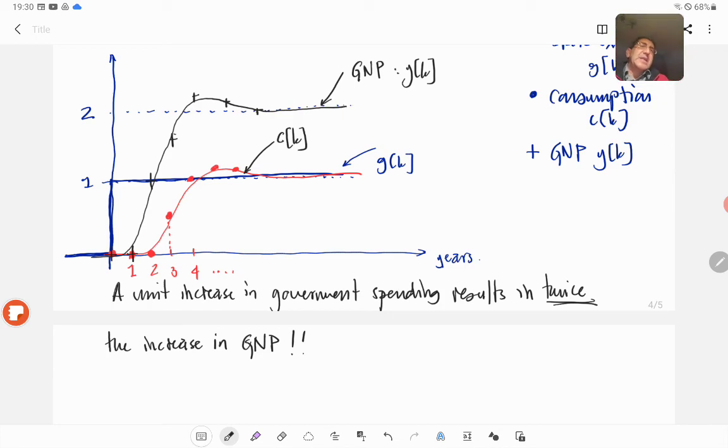So basically, it shows you that with increasing government spending, you can actually boost the country's output by double the amount, which is kind of a prediction of this particular model.